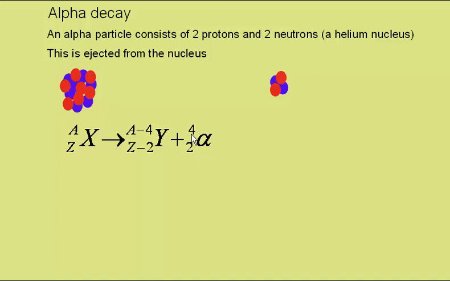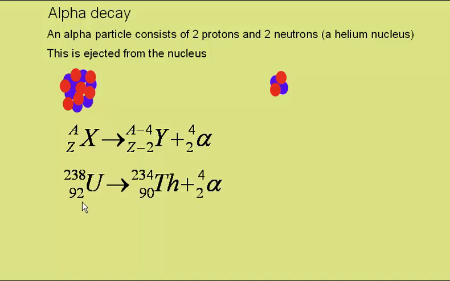We can represent this with a real element that undergoes alpha decay. Here we have uranium-238. It will lose 2 of its 92 protons to become thorium with proton number 90. It will lose 4 of its nucleons to have a nucleon number of 234.